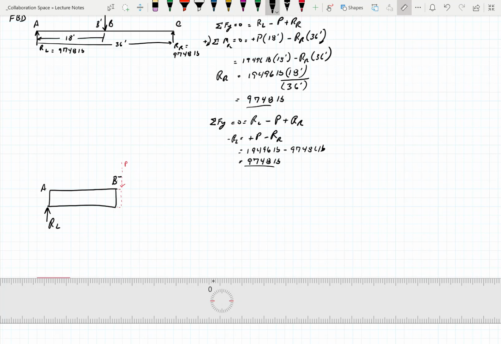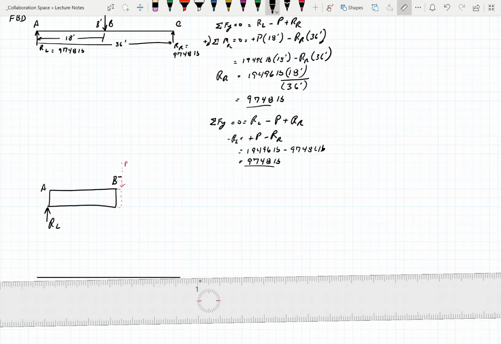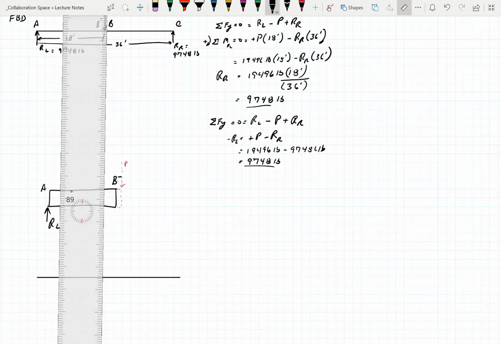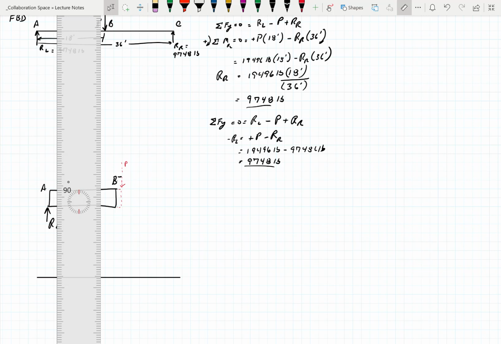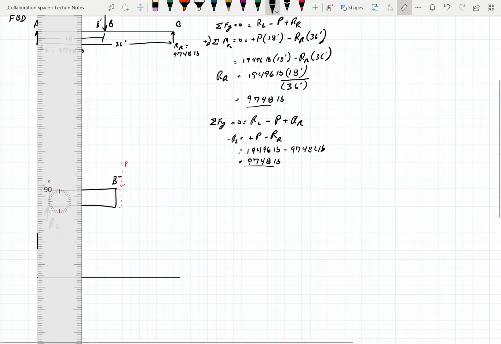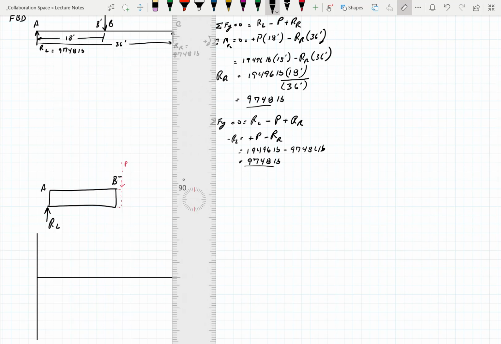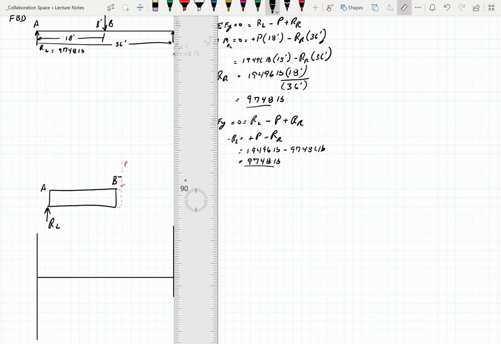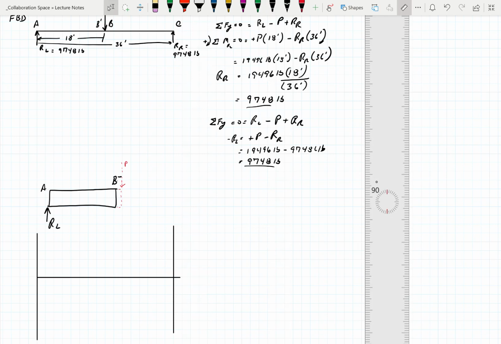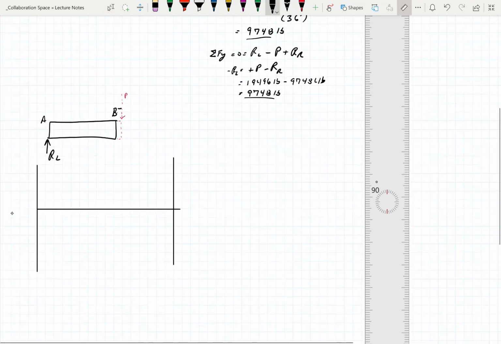Oops, let's do black. Okay, so this is a shear diagram.